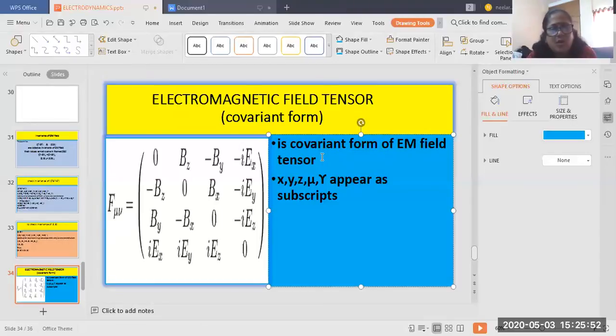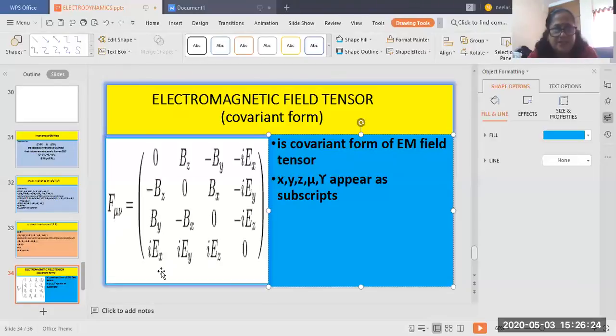So when is it called covariant form? What are the subscripts here? X, Y and Z. And mu and nu. Actually this is gamma, I have written gamma here because I could not type nu. So 5 variables are there altogether, and you can see all are coming as subscripts, at the bottom right corner.